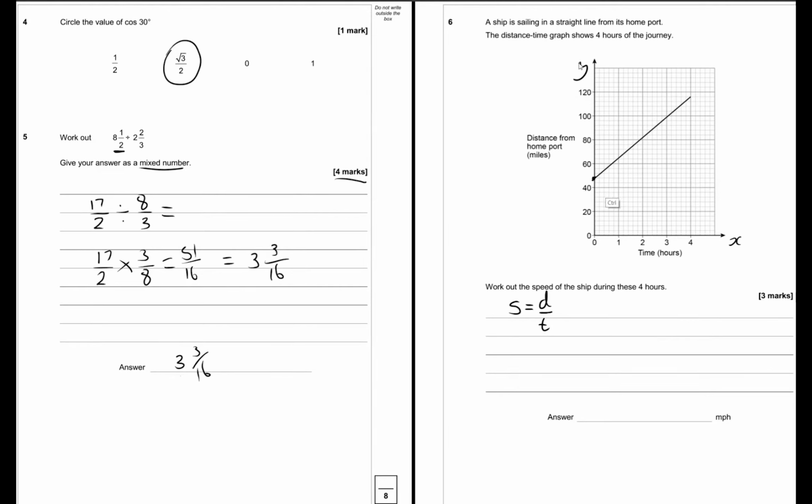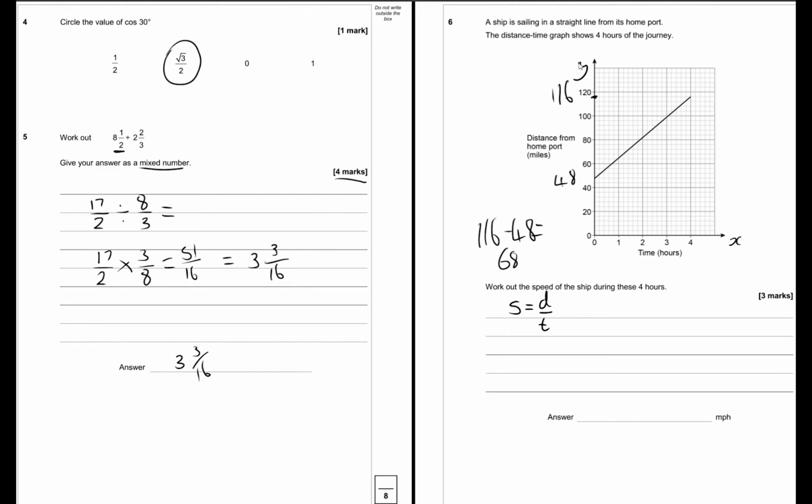Let me clear it up. So he's done 48. So he's 48 here, and at the top it is, here is 116. So we need to do 116 minus 48, which will give us 68.